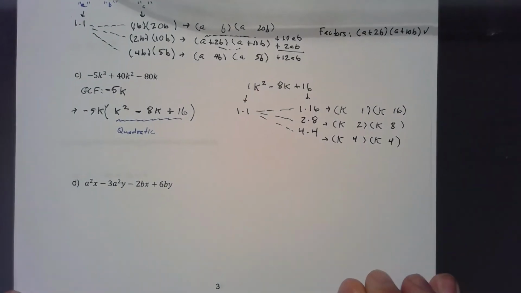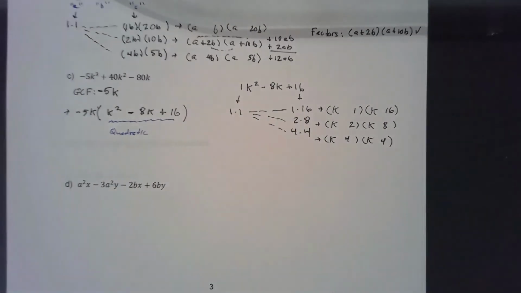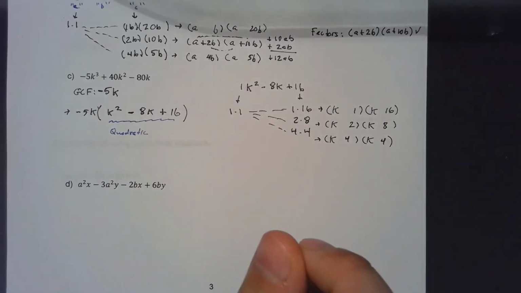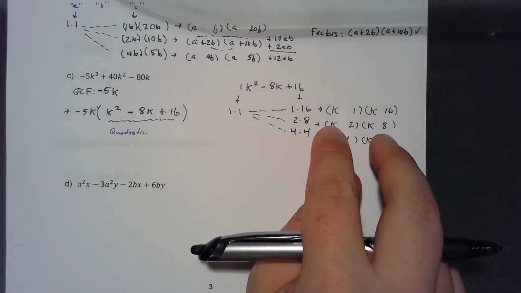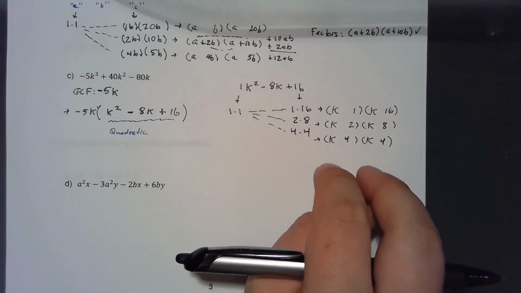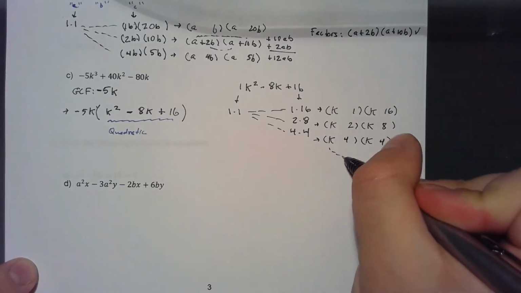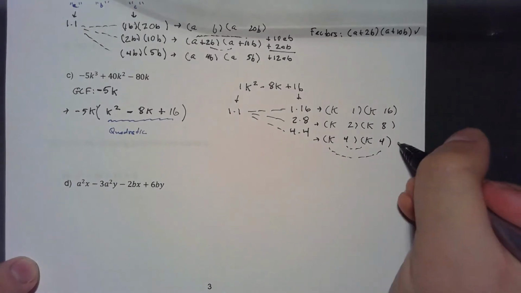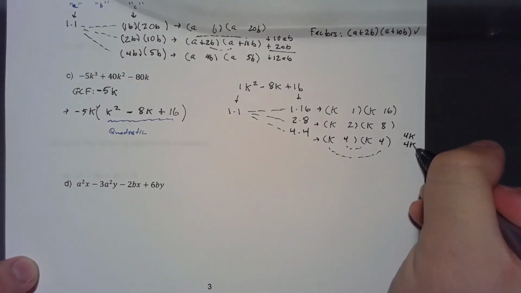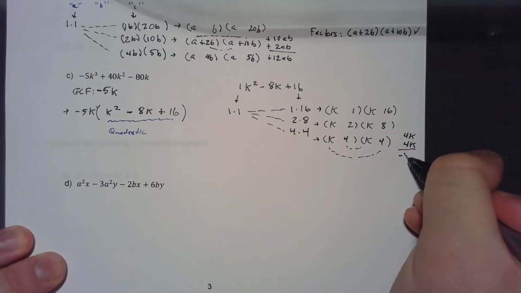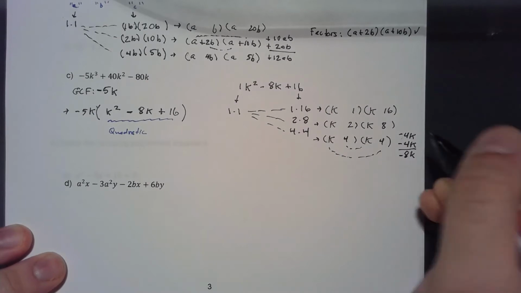Now, which one is going to give me negative 8k? So the first one doesn't look good. The second one doesn't look too good either. This one looks good. So the outside, inside here, that's going to be 4k and 4k, and I need to get negative 8k. In order for that to work, they both need to be negative.